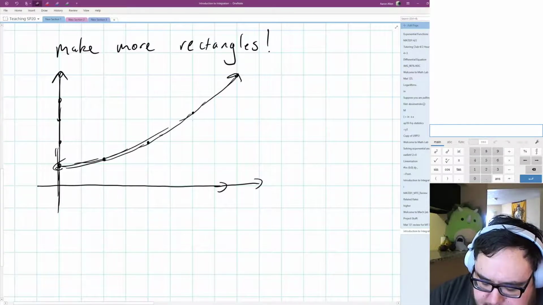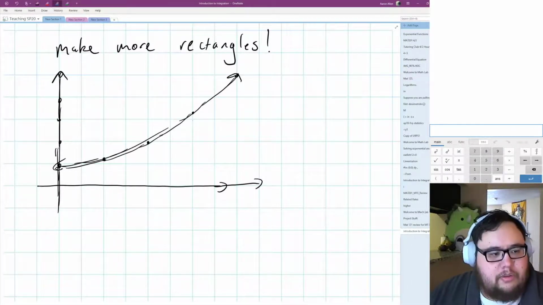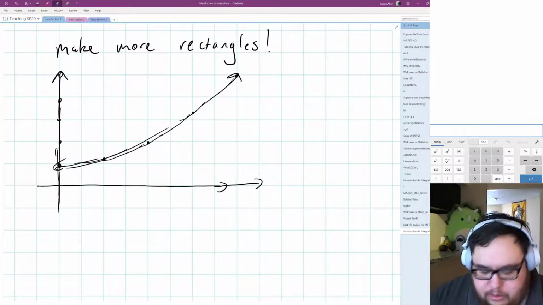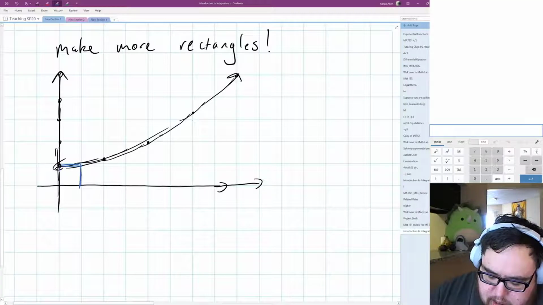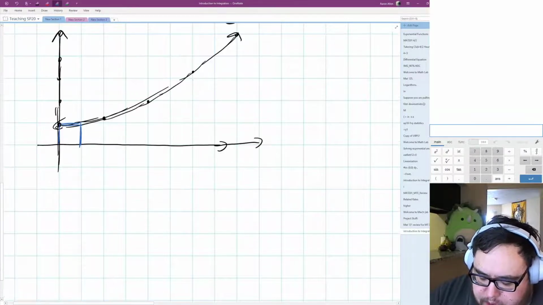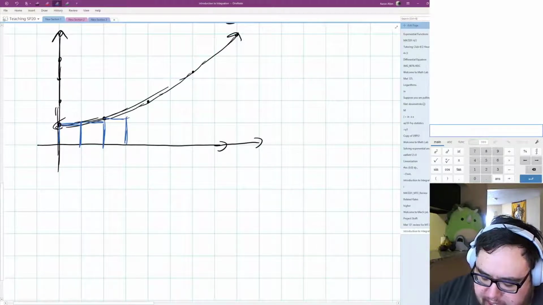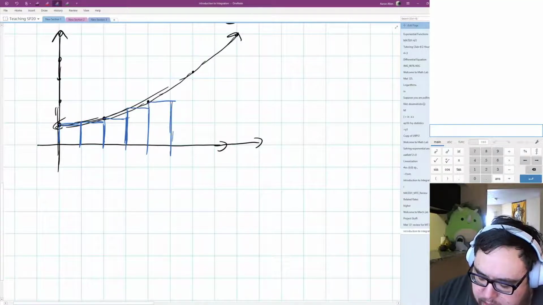And then instead of doing 4 rectangles, we could do 8 rectangles. And yeah, if we wanted to brute force something like this, it would definitely be better to make a computer do this. This seems like something a computer would be really good at and something that humans are not very good at, right? Anything that requires a ton of really minor rote calculations is definitely a computer ballgame.